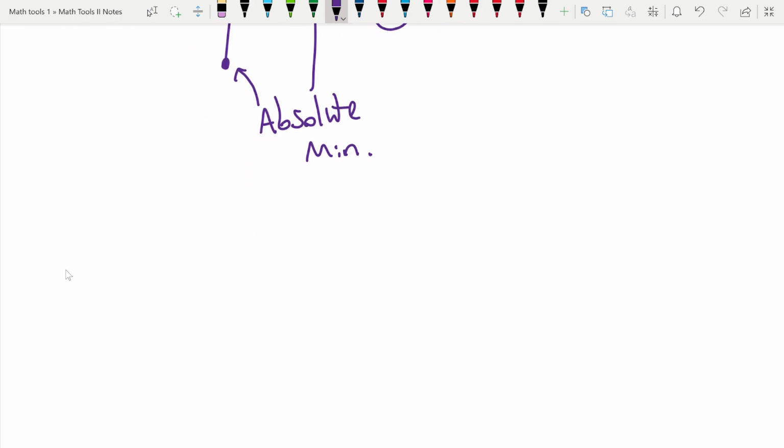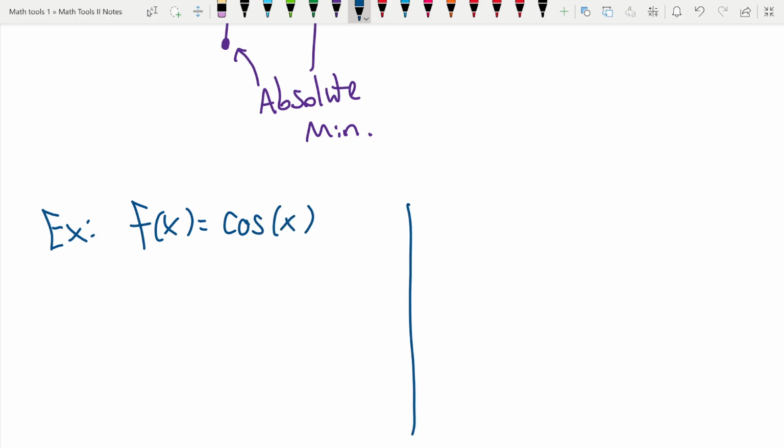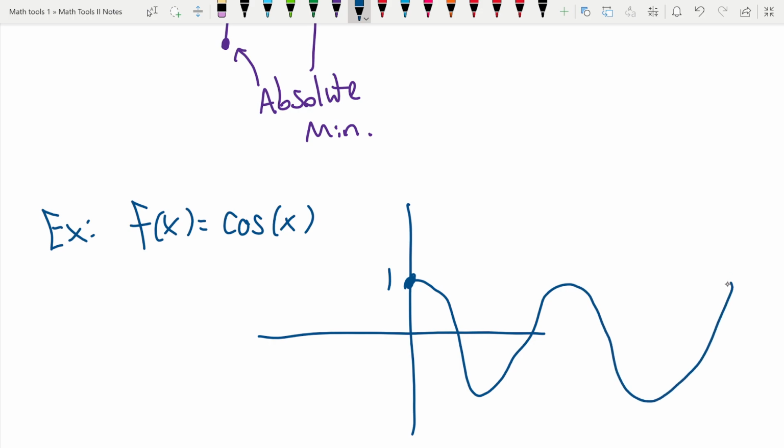Okay, so just a couple more examples. I want to be clear, for something like cosine of x, we looked at sine of x, but just to look at the other trig function here. So if this is 1, and it looks like this, it's oscillating.